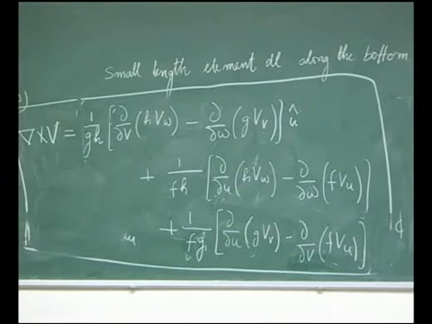Okay, you insert the value of UVW and FGH from that table that I had given you earlier, and you insert the appropriate value. You are in Cartesian, spherical or cylindrical. Is it okay?